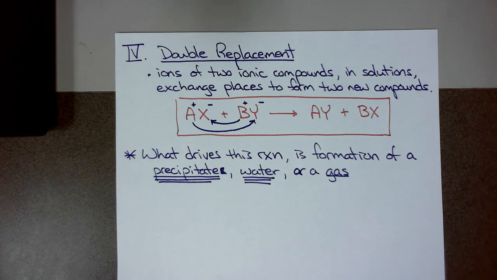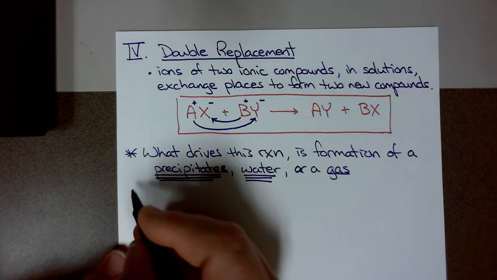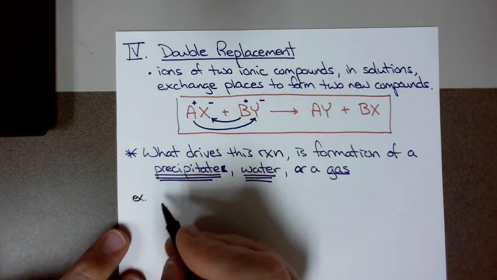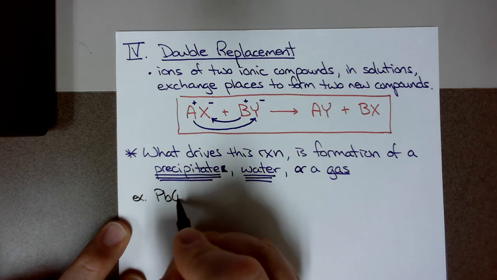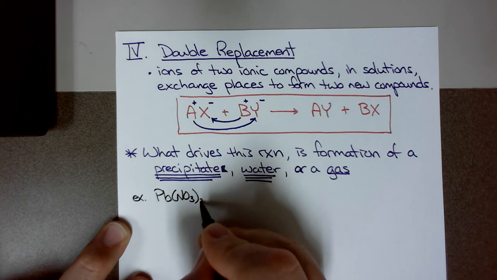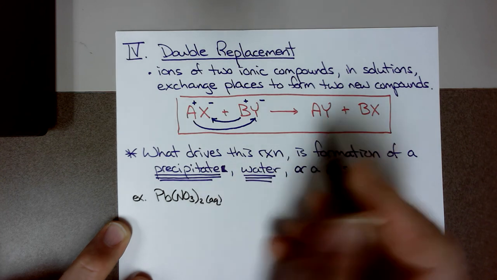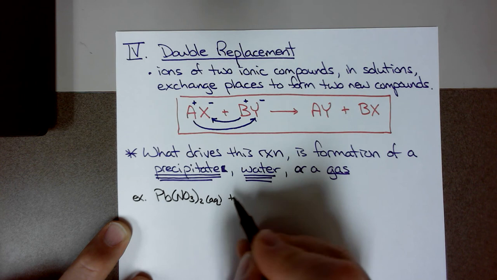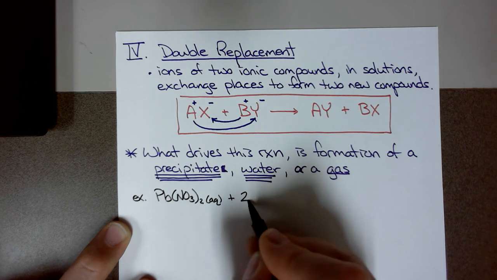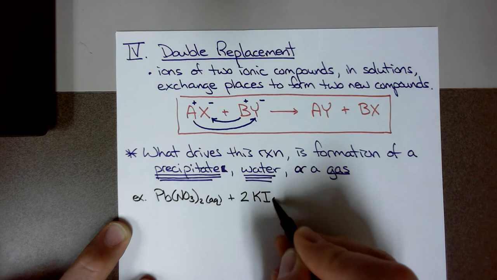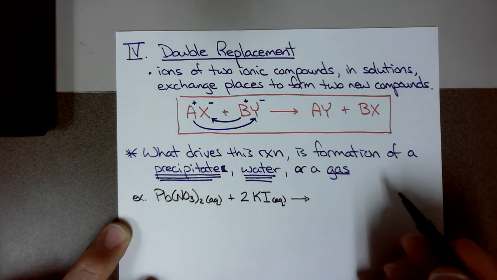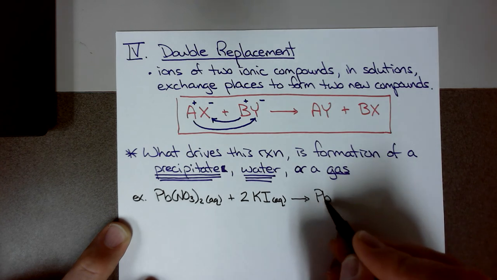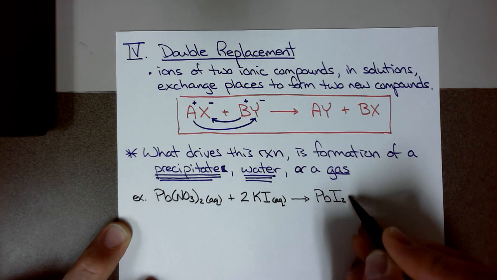So the next thing is we need to look at a couple examples real quick. Let's say we have lead 2 nitrate, and remember that's going to be aqueous because it says in solutions, plus 2 moles of potassium iodide, aqueous because it's in solution, produces lead 2 iodide, PbI2, and that would be a solid.